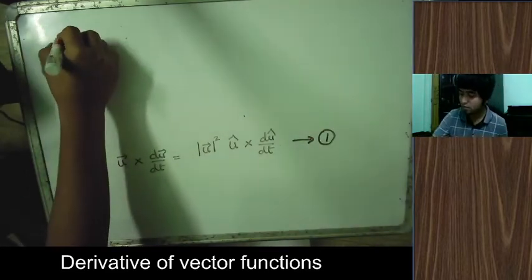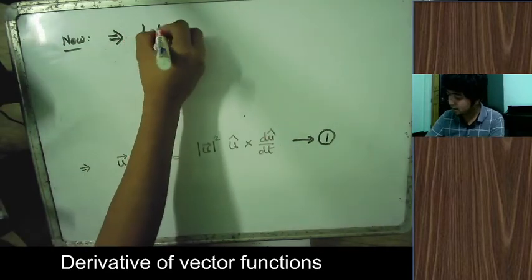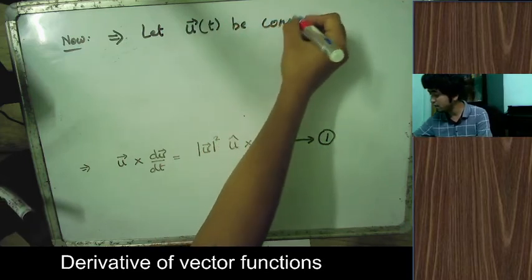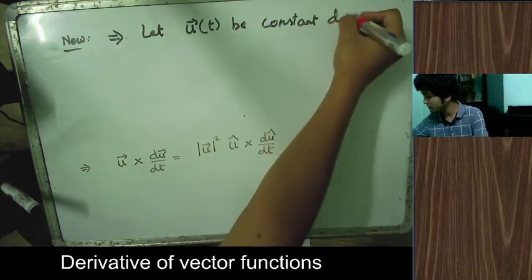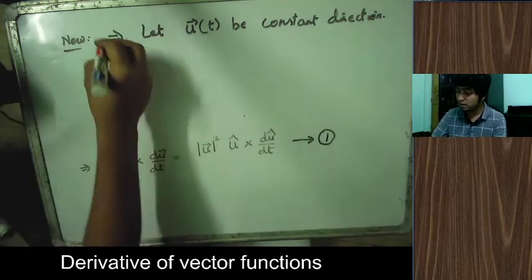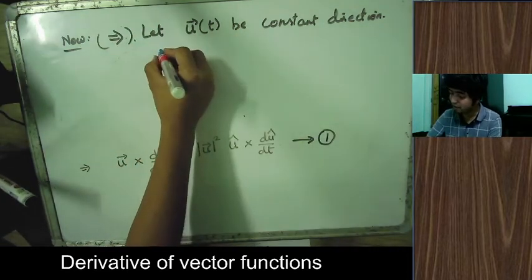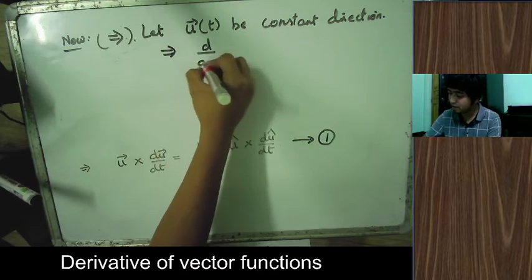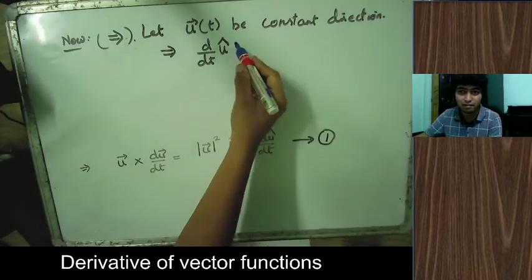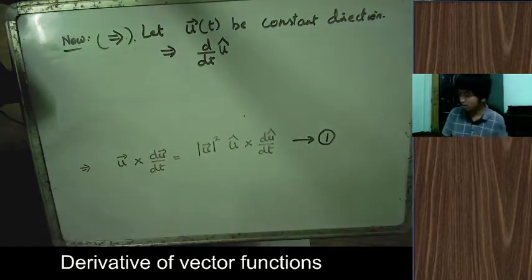Now we will prove that if u bar t is of constant direction, then what can we have? We have d/dt of the unit vector, because we are concerned with the direction.